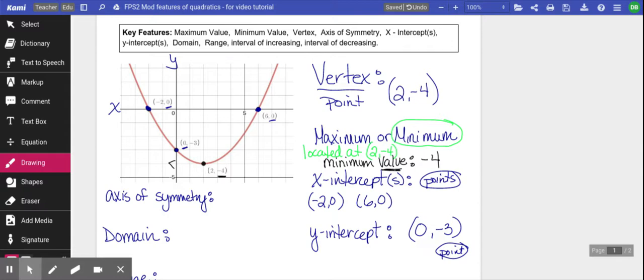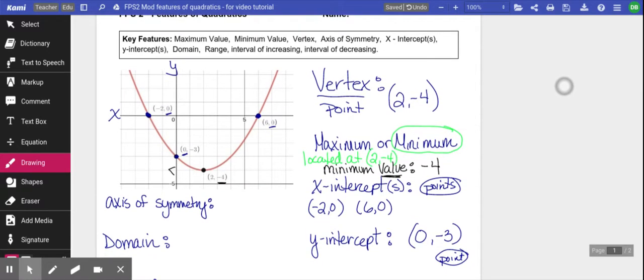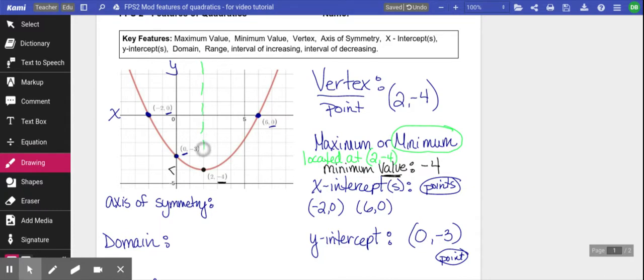The next feature of a quadratic function is called the axis of symmetry. And the axis of symmetry is a vertical line that divides our parabola in half. So what we could end up doing is reflecting the parabola over that axis of symmetry line, and it would be symmetrical. That axis of symmetry is going to be a vertical line.